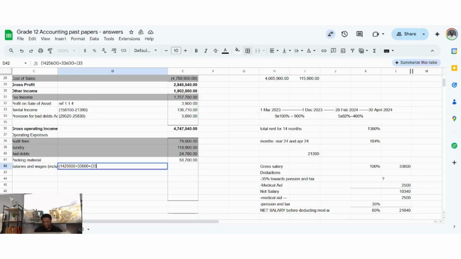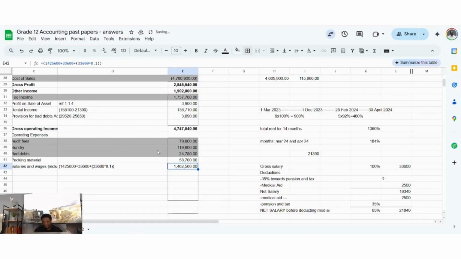So we're adding 10% of 33,600, and if you add that, it will then give us 142,460. All right, hopefully that makes sense.